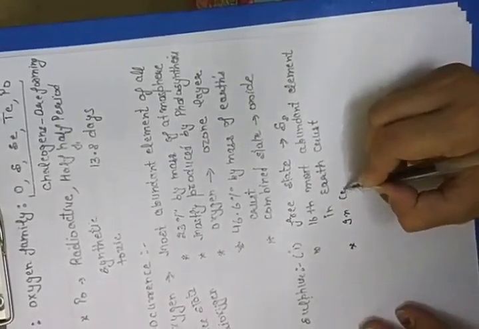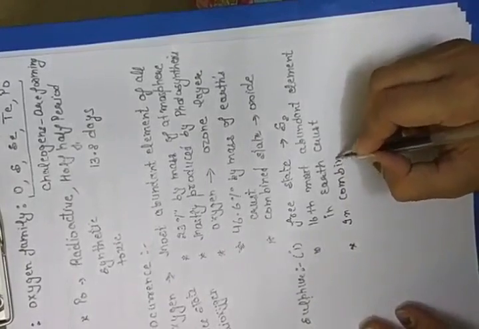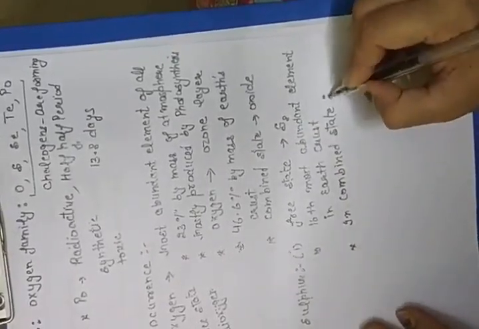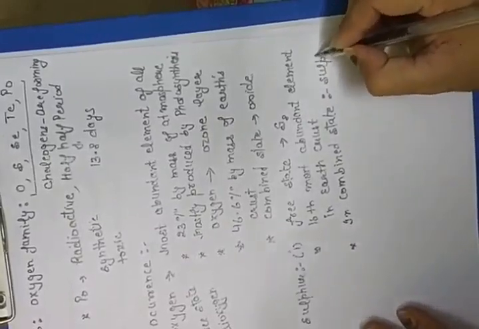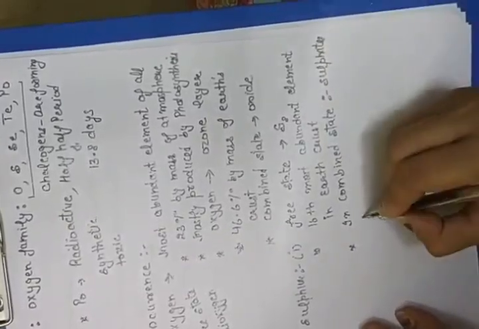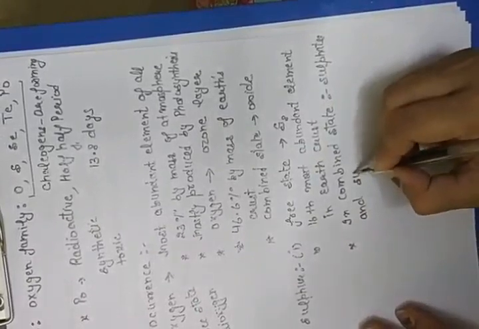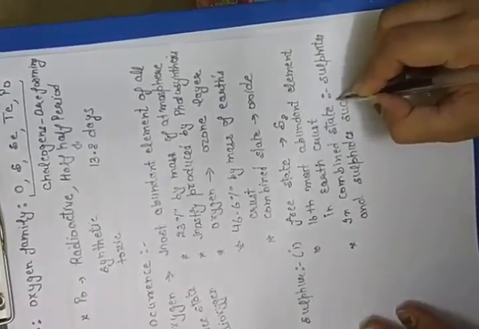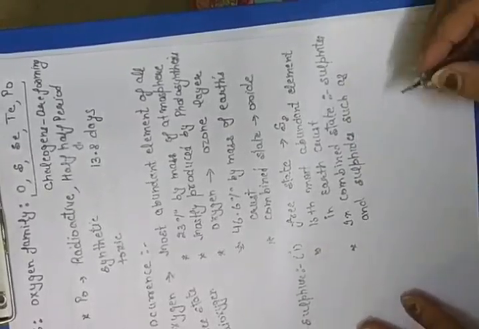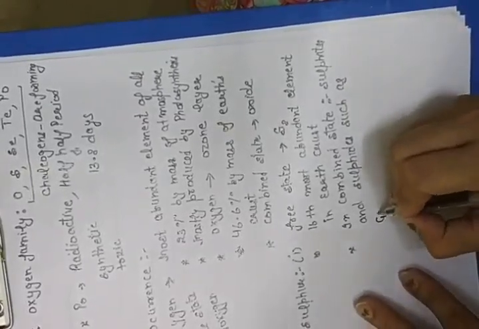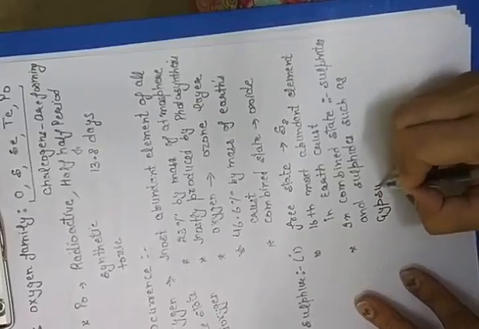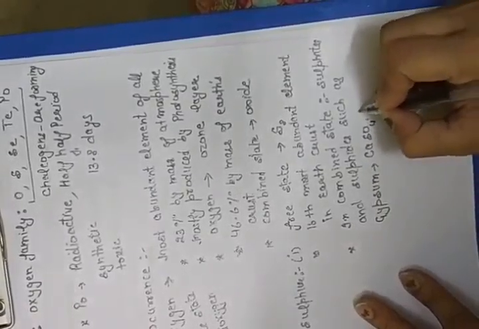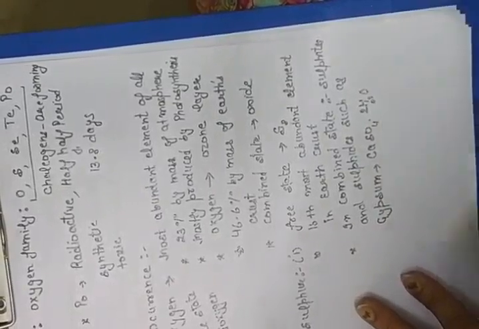In combined state, mostly it is present as sulfates and sulfides, such as gypsum, that is CaSO4·2H2O.